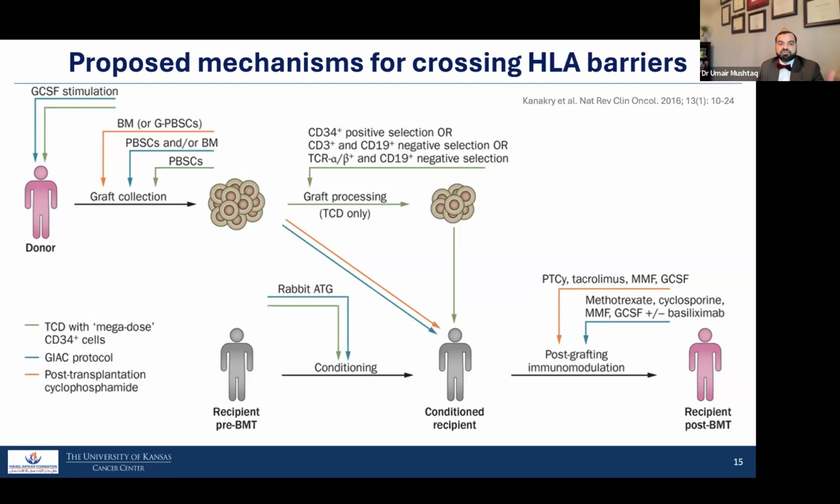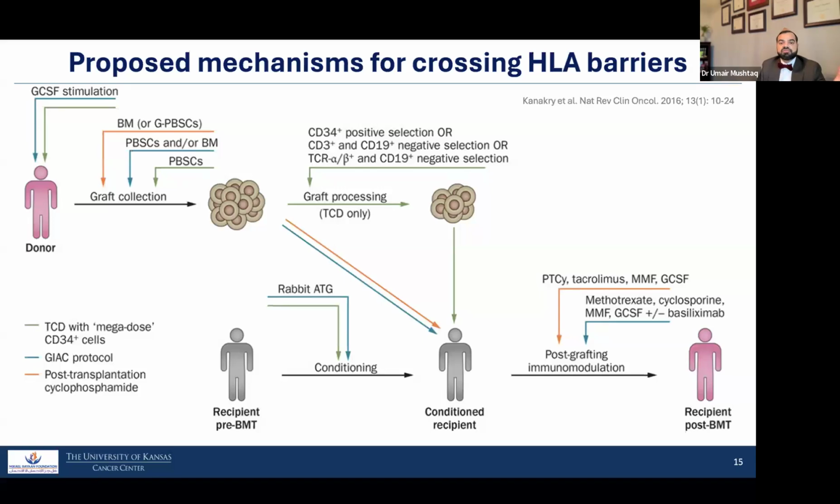So the donor gets growth factor and you collect a graft that is growth factor primed. And then that graft is CD34 selected. So you just select out the stem cells, but you remove all the T cells in it. T cells have the potential to cause graft versus host disease, but are also important in engraftment.